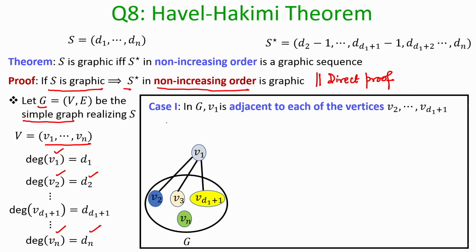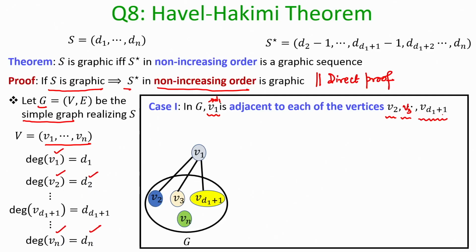Imagine your simple graph G is such that the vertex V 1 which has degree d 1 is adjacent to the vertex which has degree d 2, it is adjacent to the vertex which has degree d 3, it is adjacent to the vertex V 4 which has degree d 4, and like that it is adjacent to the vertex which has degree d 1 plus 1.